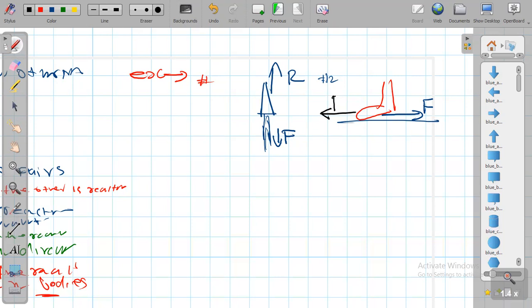And the ground exerts a reaction force in the forward direction.